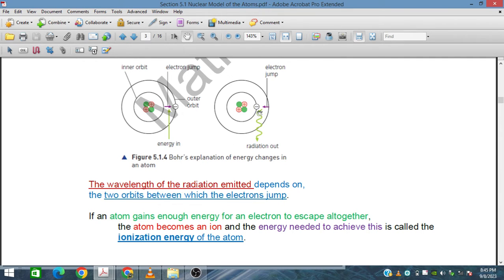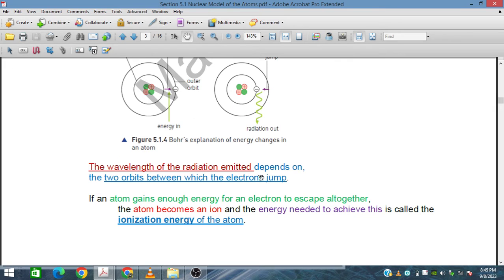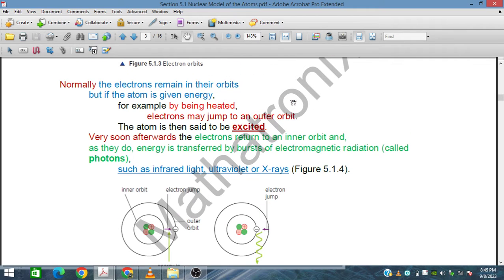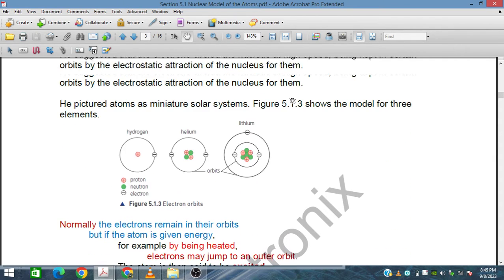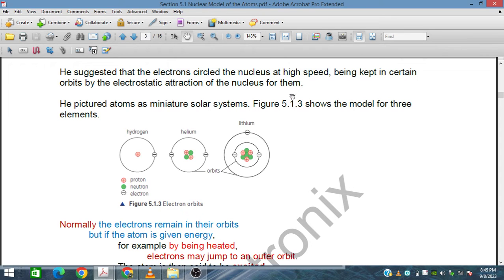So the type of radiation depends upon the two orbits between which the electron jumps. These were the details of Niels Bohr about electron movement across the different orbits.